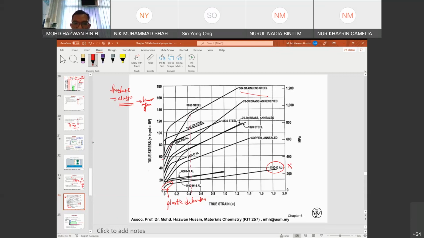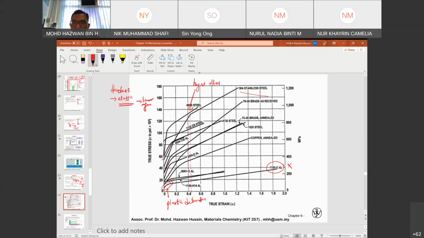Okay. And if you compare, this is actually among the highest in terms of offset value. Okay. Tak ada yang lain. Yang lain semua offset starting from even lower value.